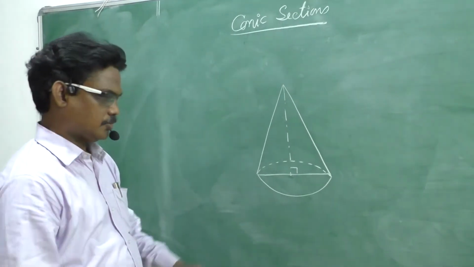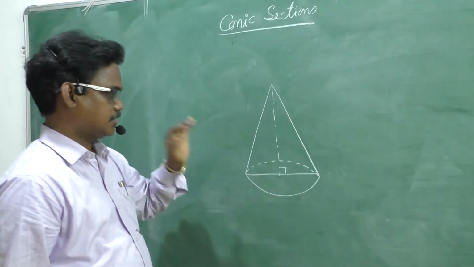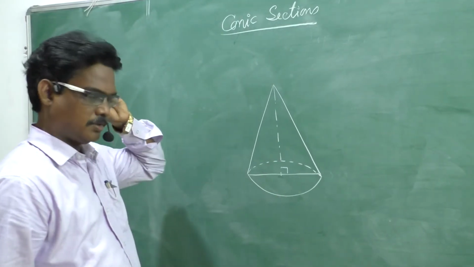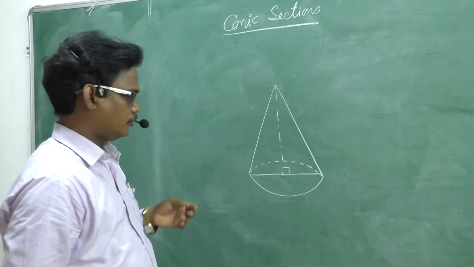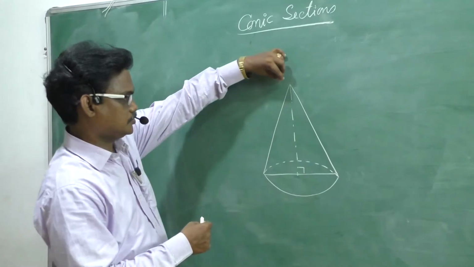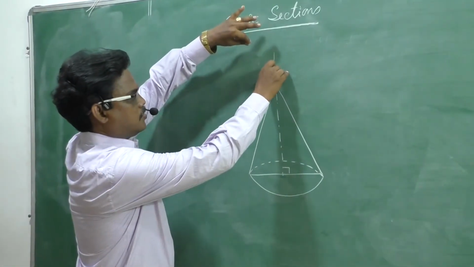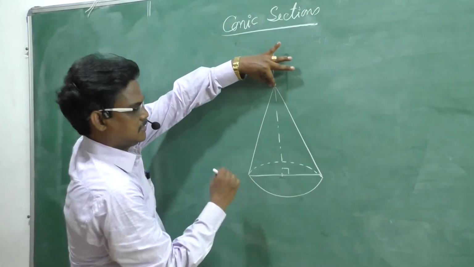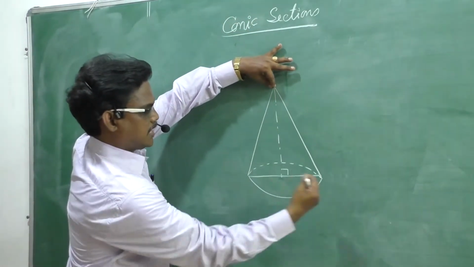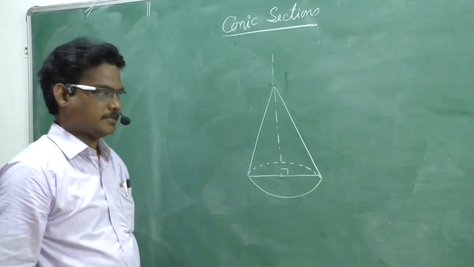Before going to consider the different sections, we will observe how the cone is formed. The cone is formed by rotation of a straight line. Suppose we take a straight line and it rotates about its axis, the formed shape is the cone, right?